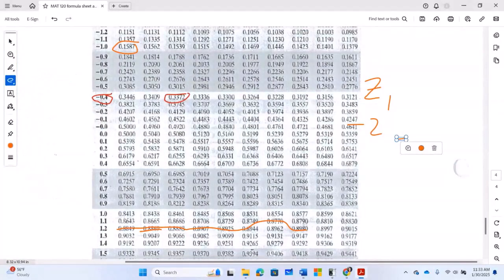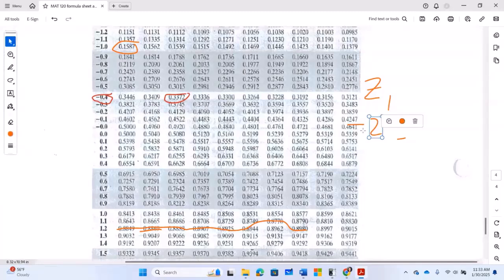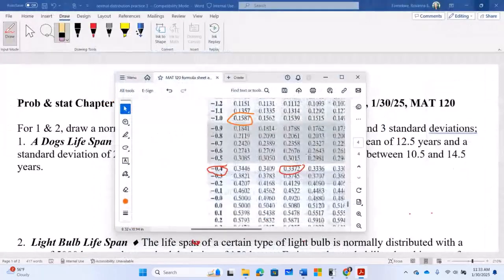Okay. All right. So what I'm going to do now is, I'm going to do this on another. So Z1 minus Z negative 1, I'm going to make this smaller. So what is Z1?